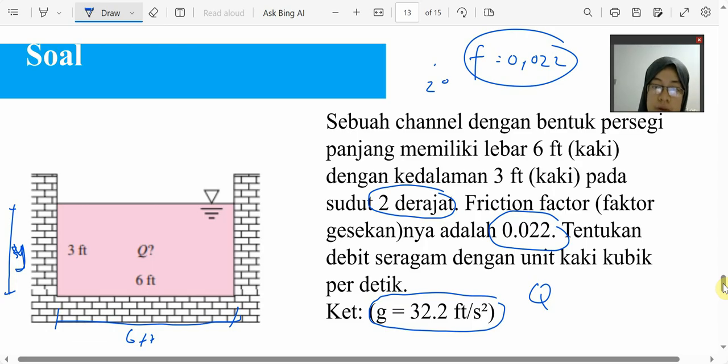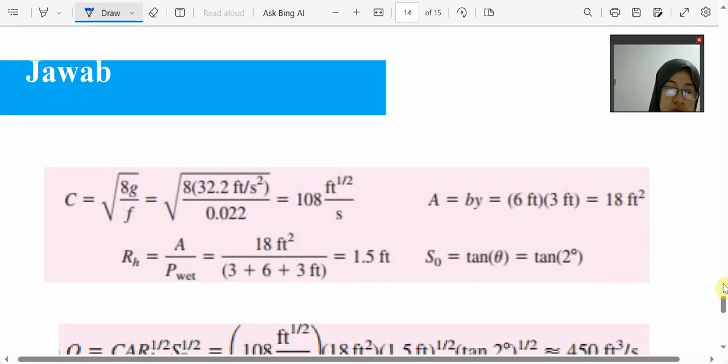Okay, so because this f appears in this task, I assume that we will answer this problem with Chezy equations, with Chezy coefficients, to calculate the velocity, and then to calculate the discharge. Okay, let's see the answers.